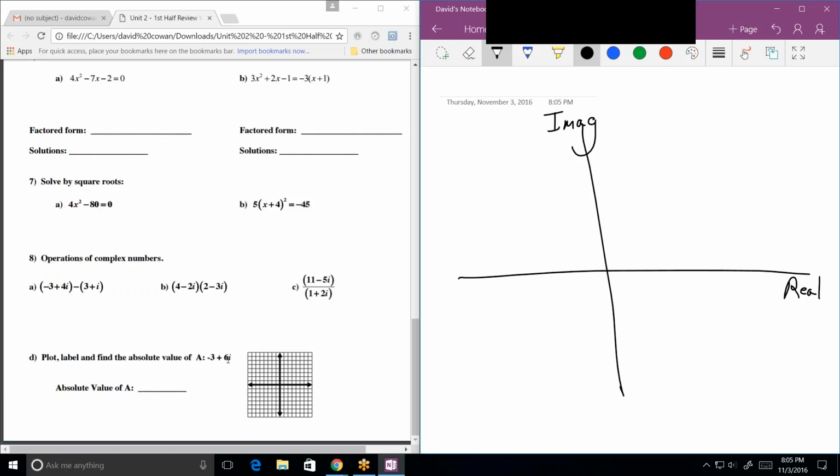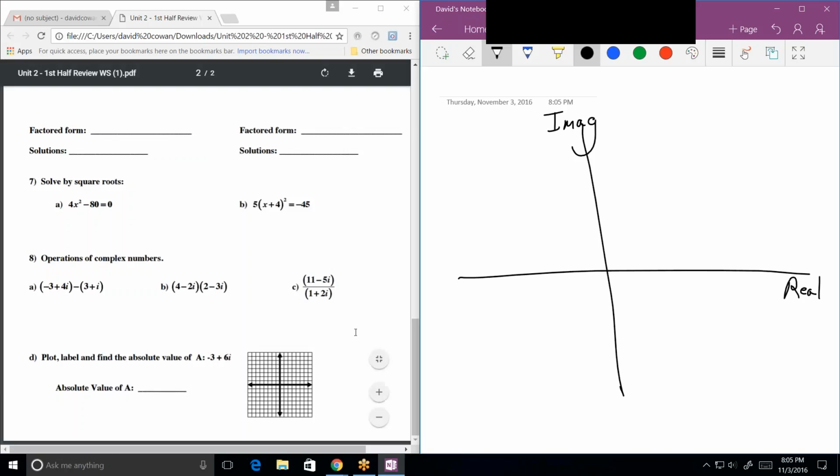To plot that point, the real is minus 3, so I would go to minus 3. And b is 6, and b is the imaginary. It's up to 6. So that point right there is minus 3, comma 6i, I guess, is the way you'd label it.